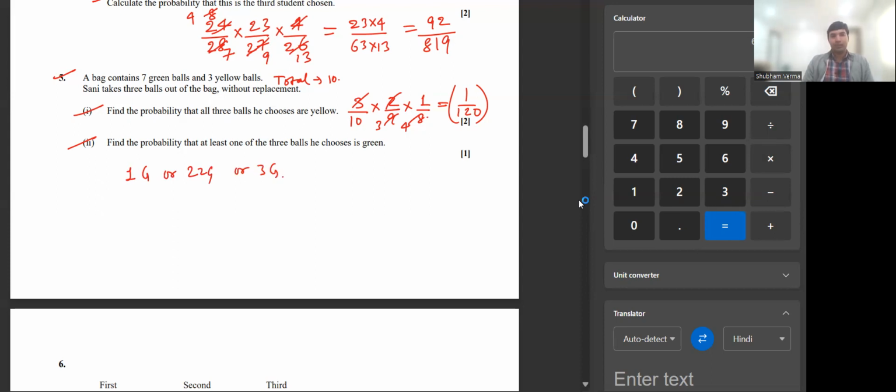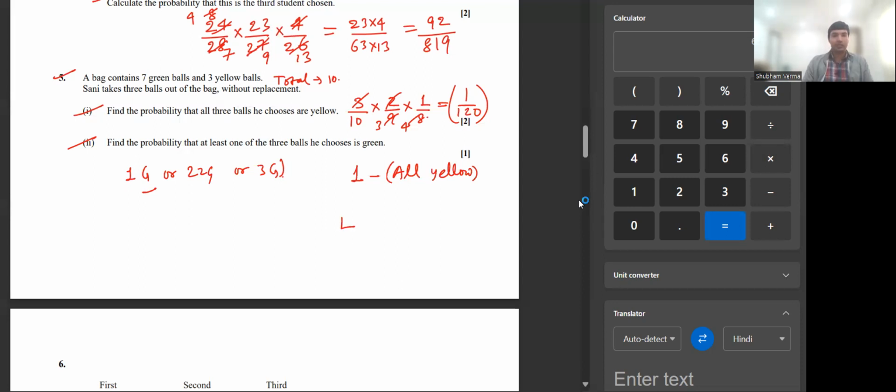So this is difficult. Instead, what we can do is 1 minus all yellow, isn't it? 1 minus all yellow will give one green, 2 green, or three green balls, isn't it?